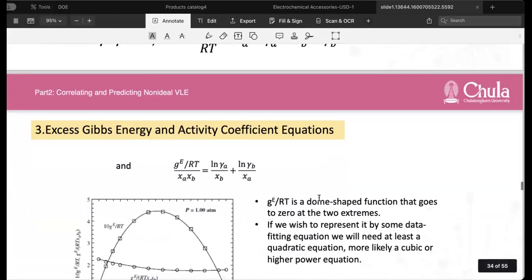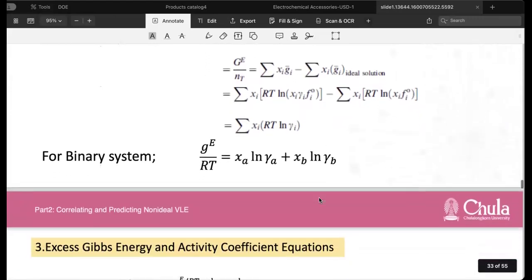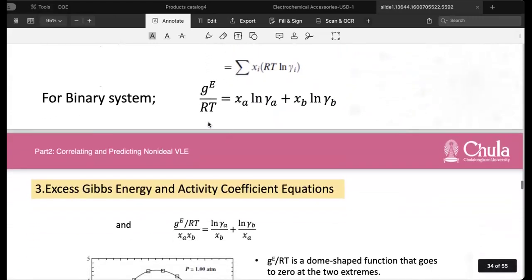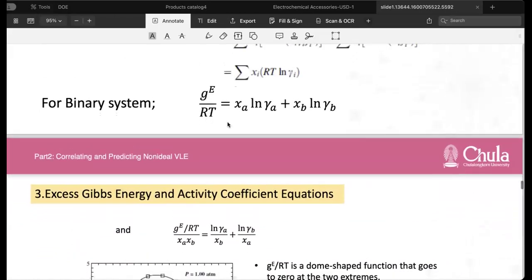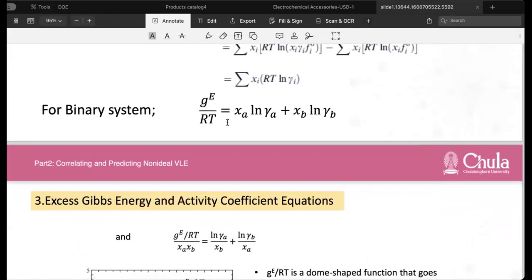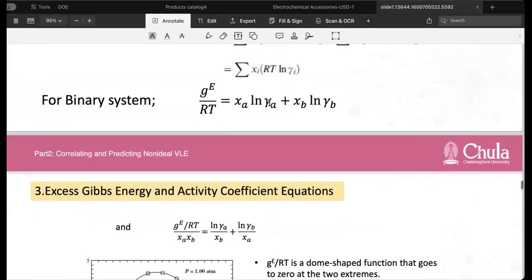The good news is if you plot GE over RT from the VLE data, remember the table at the beginning of the slide, you can calculate gamma 1, gamma 2, right?